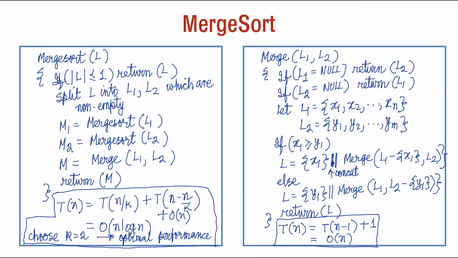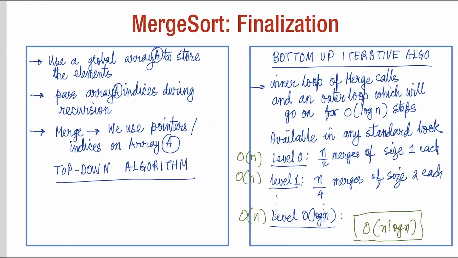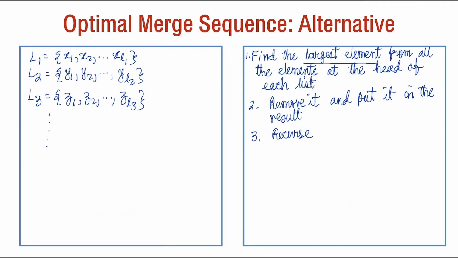We found the largest of x1 and x2 here, removed the largest, merged, and got the result by concatenation. Here, instead of two elements, now we have many elements. So from x1, y1, z1, etc., we find the smallest, remove it, put it into the list, find the result on the rest, and concatenate.